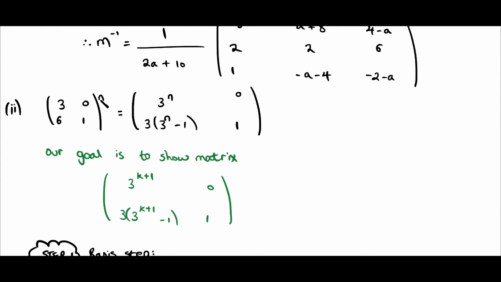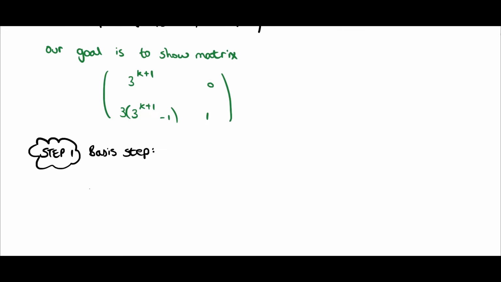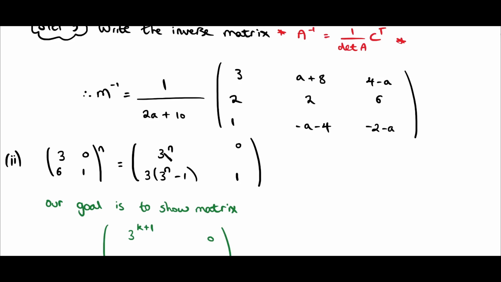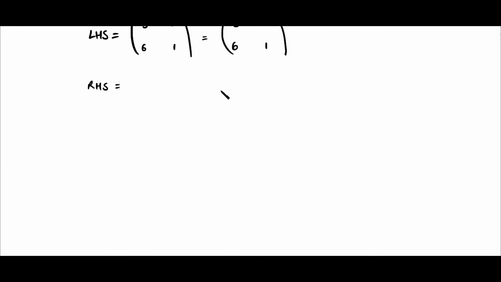So if we consider our left hand side, we have 3, 0, 6, 1 to the power of 1. I'm working this out. We have 3, 0, 6, 1. Okay. And if we consider the right hand side, we substitute n equals 1 into the right hand side, we have 3 to the power of 1, 3 lots of 3 to the power of 1 minus 1, 0, 1. 3 to the power of 1, that's 3.